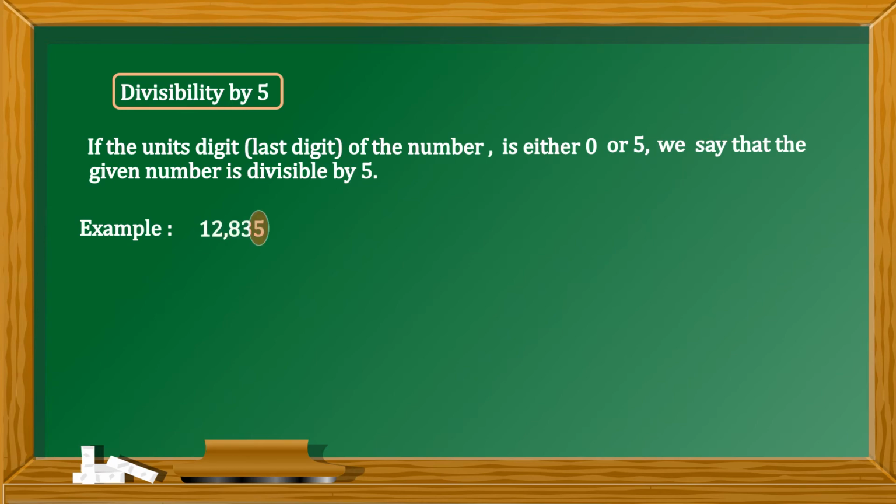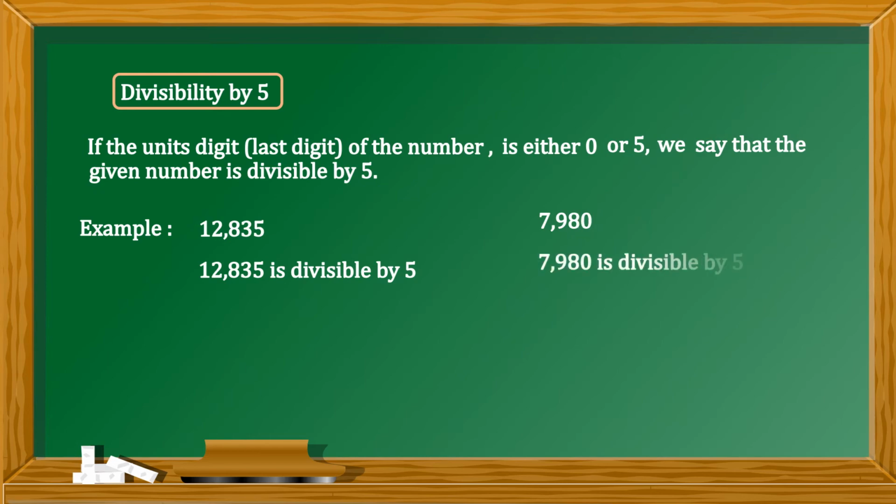The last digit is 5, hence the number is divisible by 5. 7,980. The last digit is 0, hence the number is divisible by 5. But 3,526, the last digit is 6, which is neither 0 nor 5, which means the number is not divisible by 5.